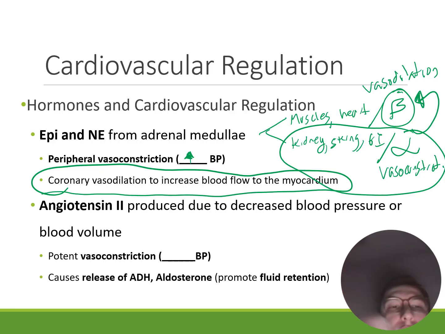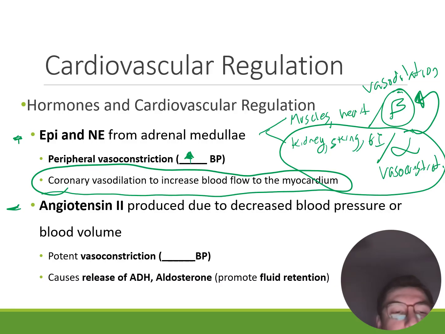Another hormone that is released involves the kidneys. Angiotensin II is produced due to a decreased blood pressure, and it is aimed at increasing blood volume, and if we have a higher blood volume, well, we're going to have a higher cardiac output.